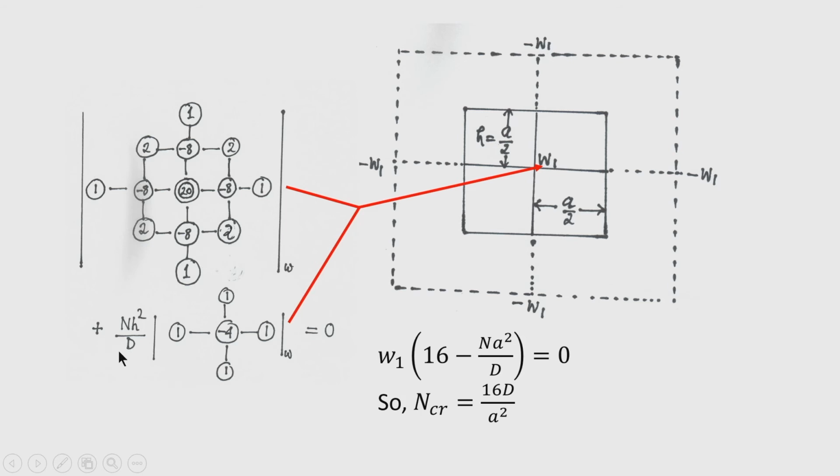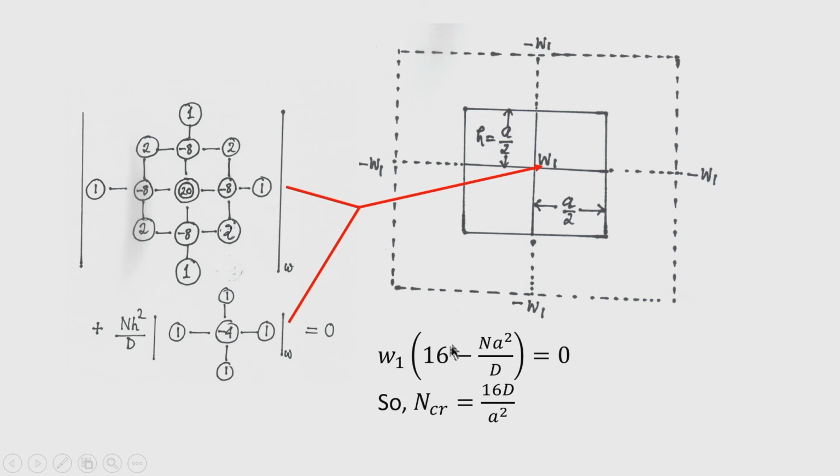So, N a square by D minus 4 N a square by D, a square is coming because h is equal to a by 2. So, when you write N a square by D minus 4 into N a square by D and then put h is equal to a by 4, then this quantity will be minus N a square by D. Okay.